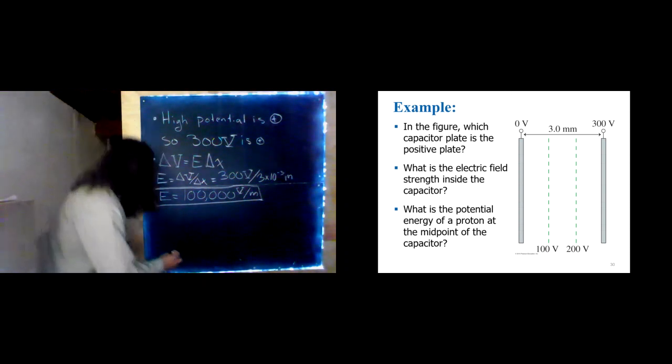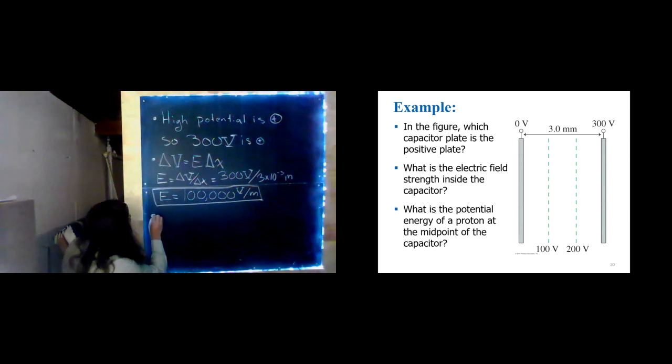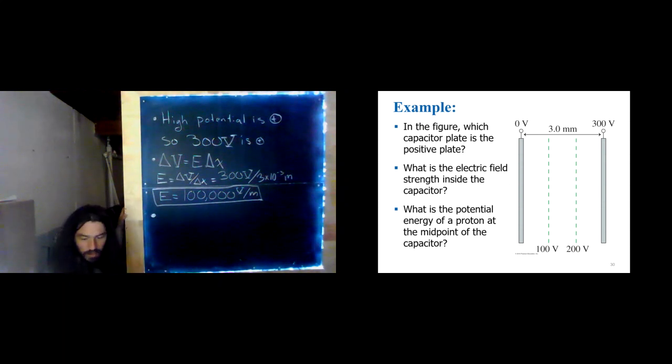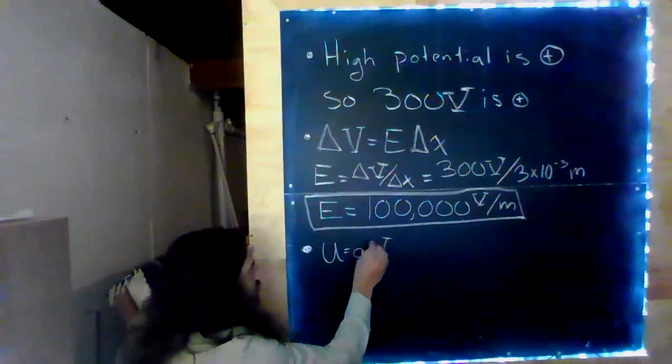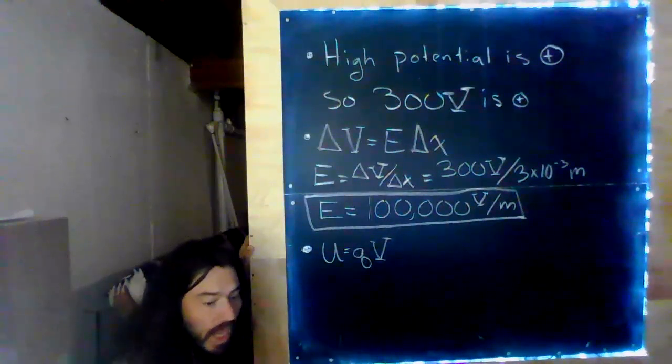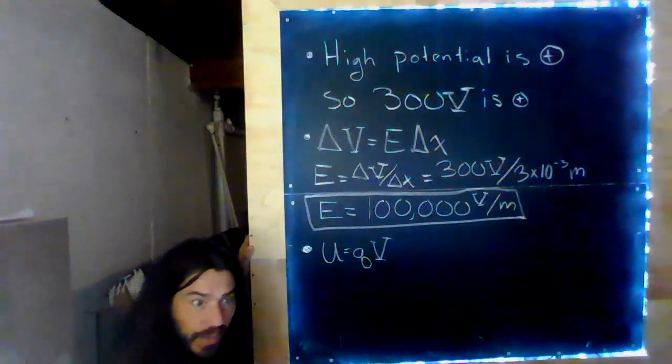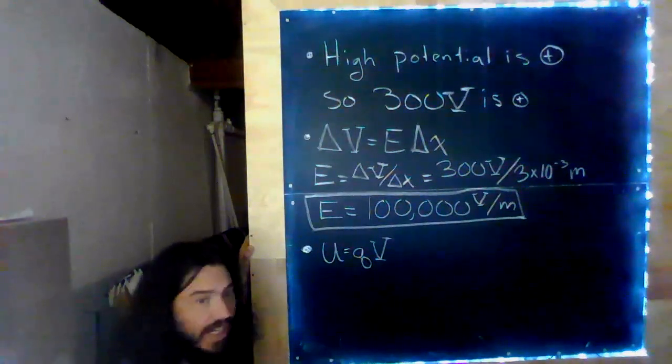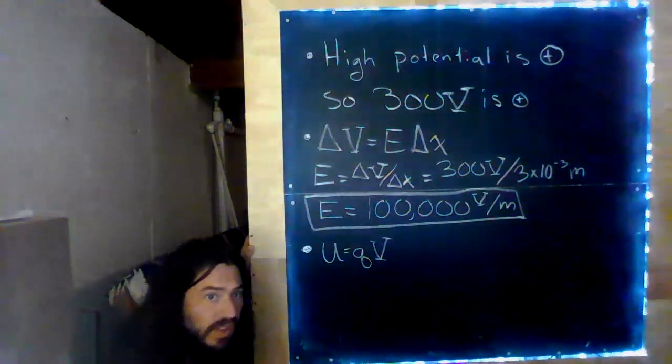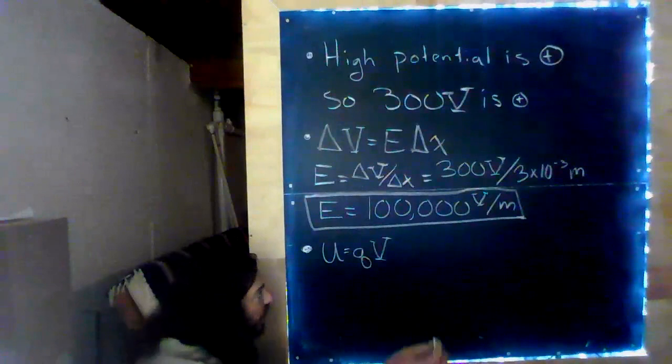Well, we know that we have this equation. The potential energy is simply equal to Q times the potential. And so what we could do is just crank through this. And I guess that's what we'll do first, a brute force calculation.